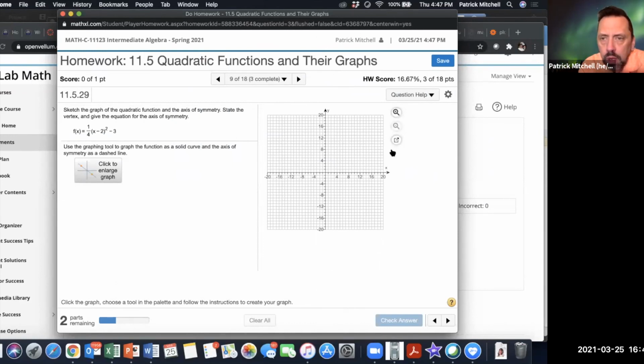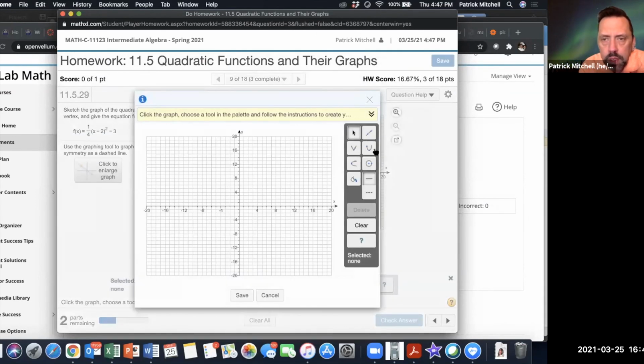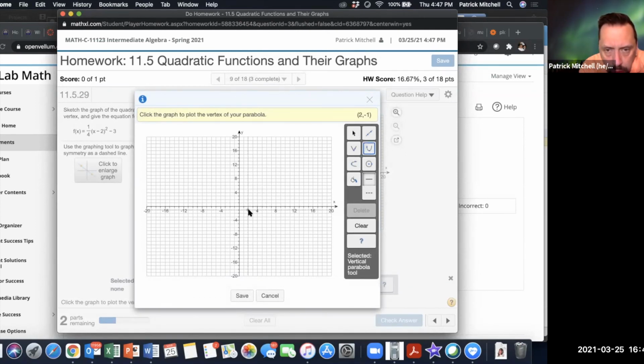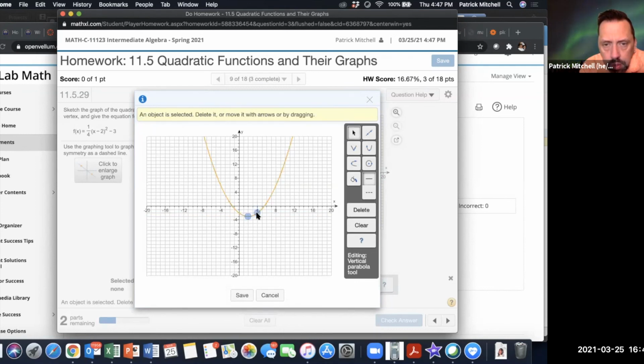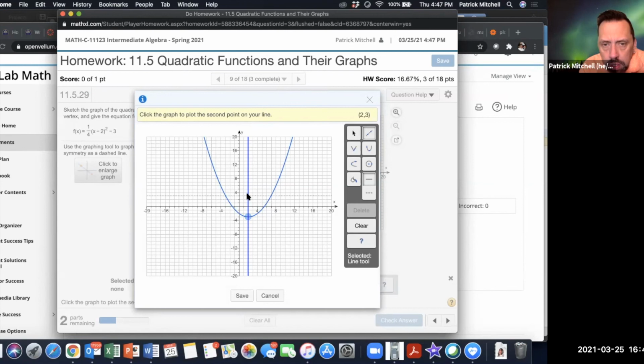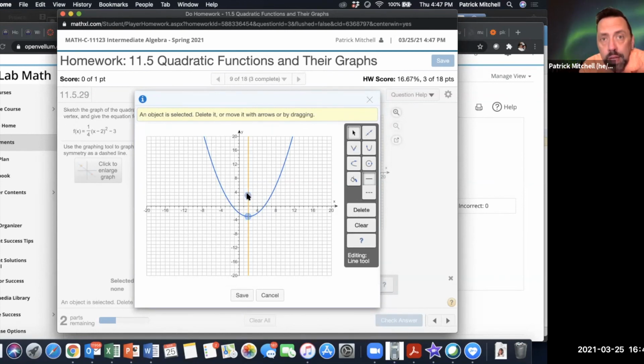All right, here we go. Pop this out, hit the vertical parabola tool, plot the vertex, which is 2, -3. Click any other point on the parabola. I'll go with 4, -2. Okay, so that should be good. And then my axis of symmetry: click the line tool, first point the vertex, second point anywhere above or below, and then don't forget to make it a dashed line.